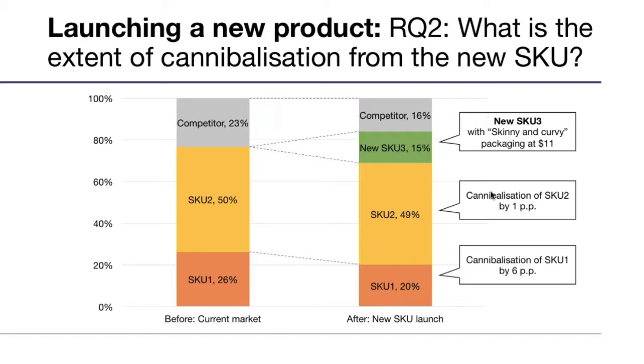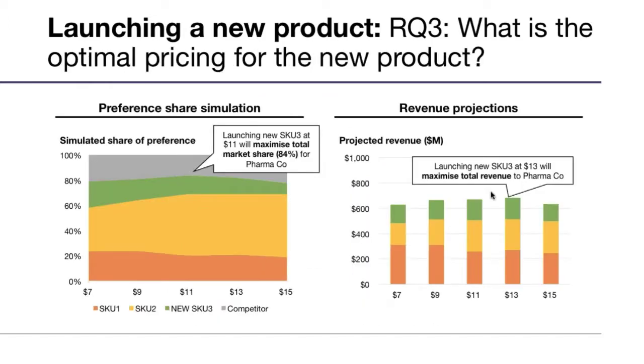Some of our SKUs will be cannibalized a little bit, so 6 percentage points for SKU 1. But importantly, competitor SKU will also suffer from a cannibalization from the new SKU, and that's good news for our product launch.